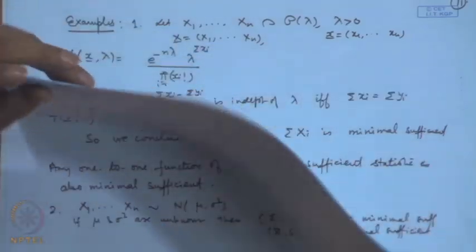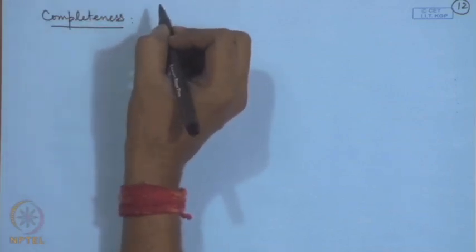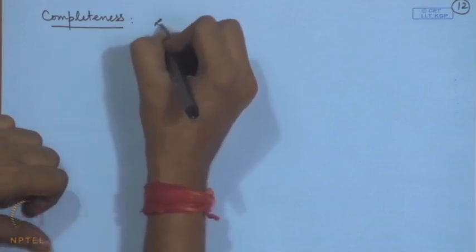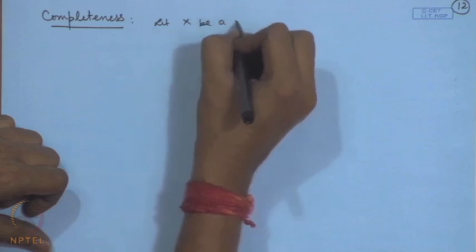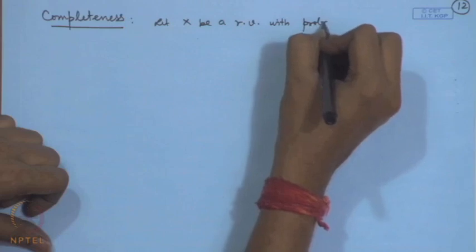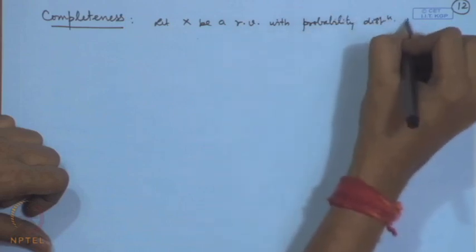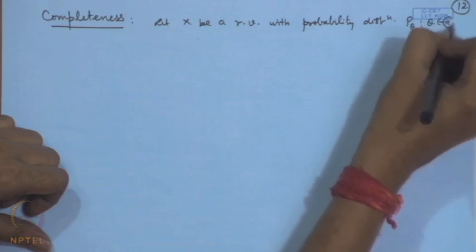Let me introduce another concept, that is completeness. Let X be a random variable with probability distribution P theta, theta belonging to Theta.